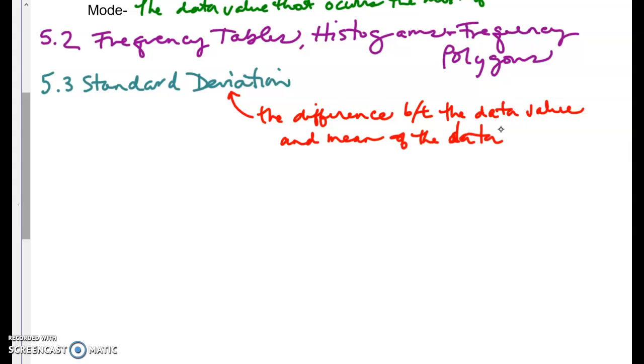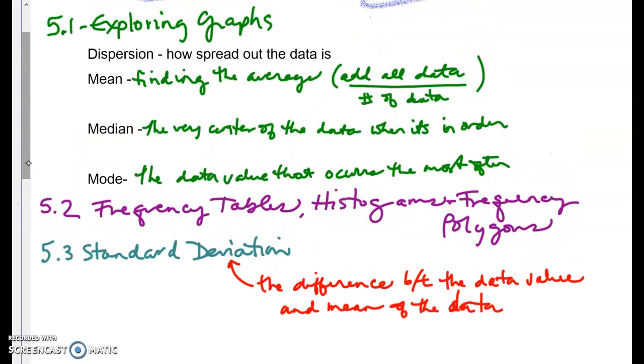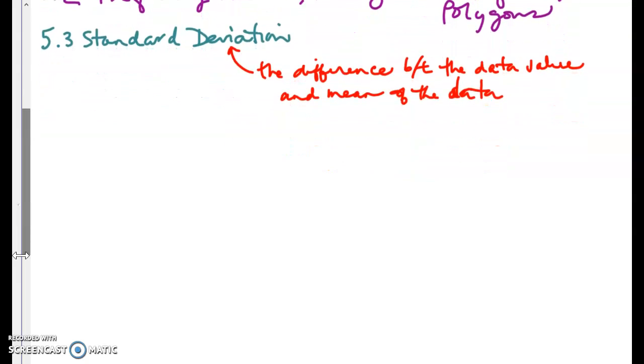And I believe you calculated this by hand, and maybe you even used the graphing calculators to find this. The mean, or the average, we talked about it up here, we usually use x bar to represent that, the average of the set of data. So we use that symbol when we're finding standard deviation.